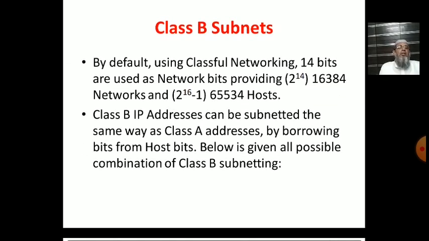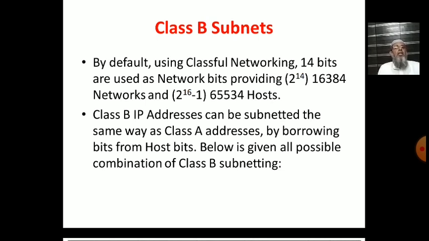Class B subnets. By default, we have 14 bits used for the network ID, and 2 raised to 14 gives 16,384 networks. And every network will contain 65,534 hosts.